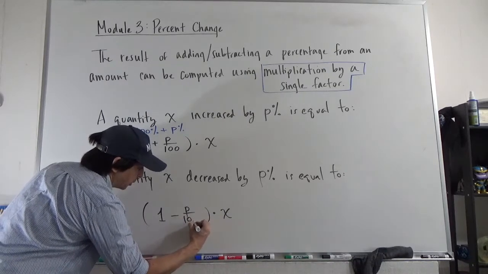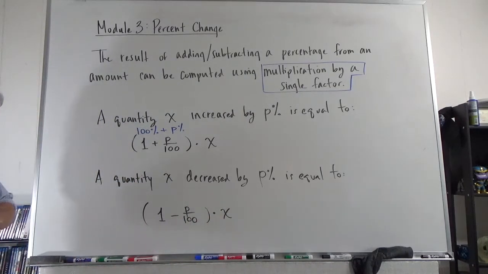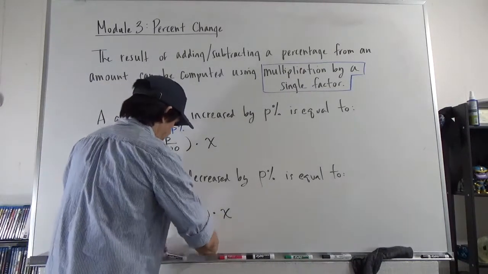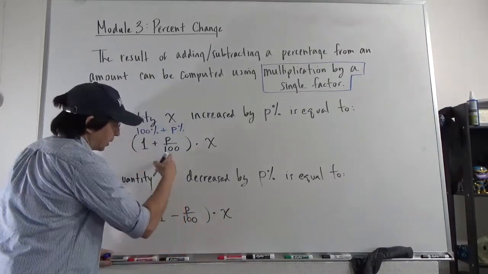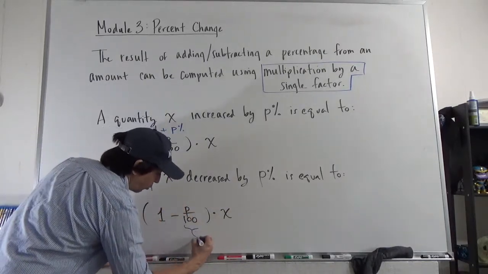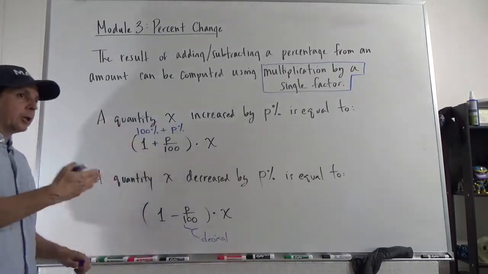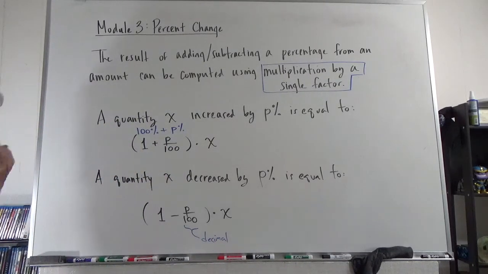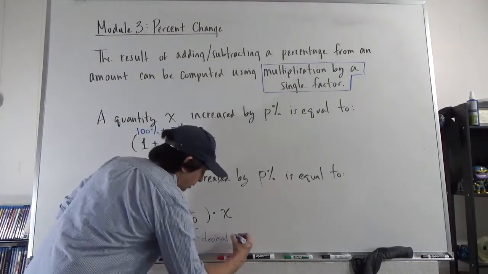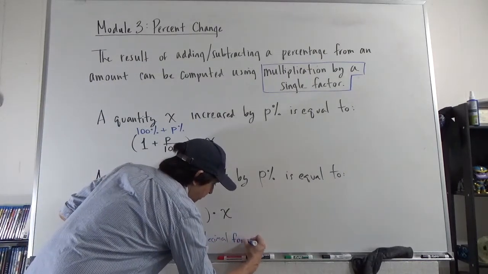It looks very similar, but this time we're subtracting a percentage. So it's 1 minus P over 100. Okay, again, I'll put over here. Same thing applies to that, but this is the decimal form of the percent. In fact, when I write it, I'm not going to bother putting P over 100. I'm going to go straight to the decimal form, as you'll see when we get to an example. Decimal form of a percent right there, P over 100.